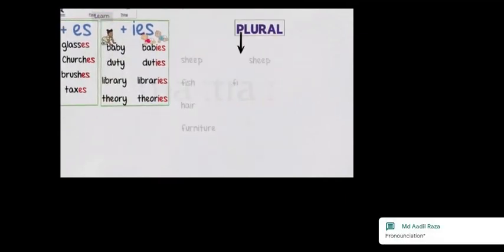You will also find some words which do not change at all when they become plural. Sheep, many sheep. Fish, 5 fish. Hair, hair. Furniture, furniture.